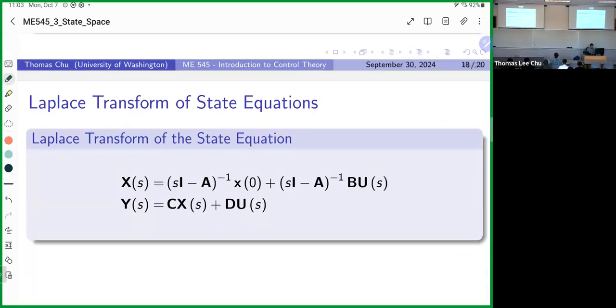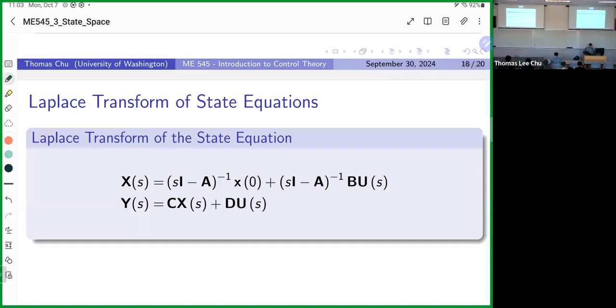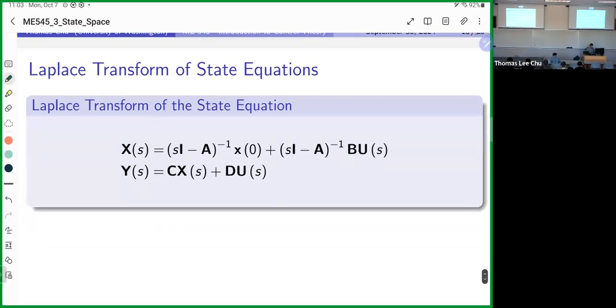This is the equation when we take the Laplace transform of the state equation. So x of s is equal to sI minus A inverse times x naught plus sI minus A inverse times B times U. And then our output is this equation here.